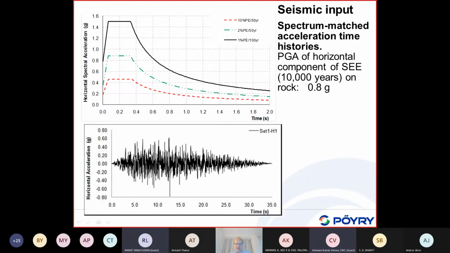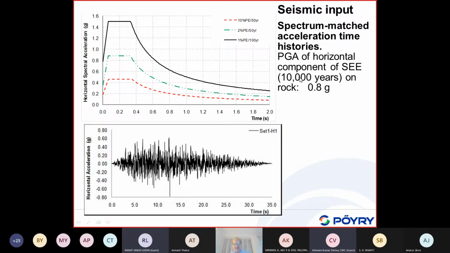Here the dynamic analysis was done by a spectrum match. The spectrum here is a 10,000 year spectrum which we have determined for Turkey. We have taken it from a Turkish earthquake code, extrapolated, and we have estimated it also from the seismic hazard map.